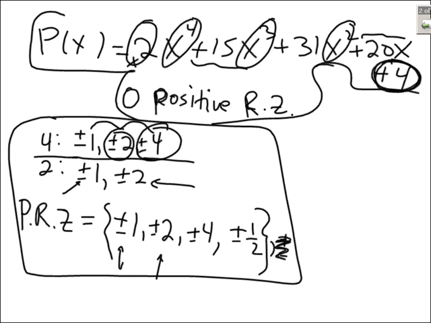But from Descartes' rule, we learned that there are no positive rational zeros. Combining, now all I'm doing is erasing the positives, so combining the results of both tests, now we know these zeros are negative 1, negative 2, negative 4, or negative a half. Those are the only possible rational zeros.